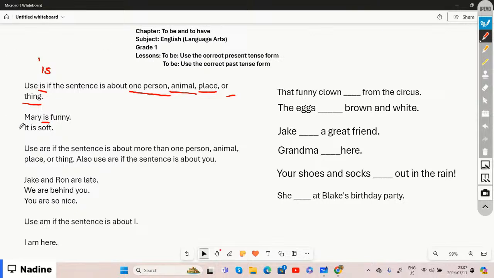And then if we look at another sentence, it says it is soft, right? Because now it refers to something being soft. So which means that when we refer to one person or one animal or one place or one thing, then we use the word is.